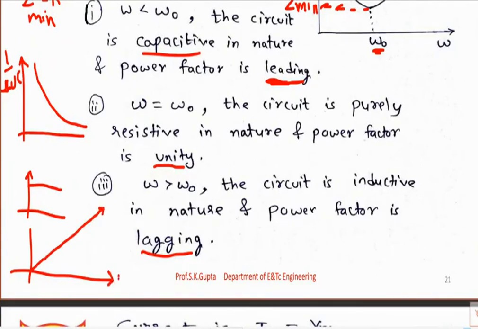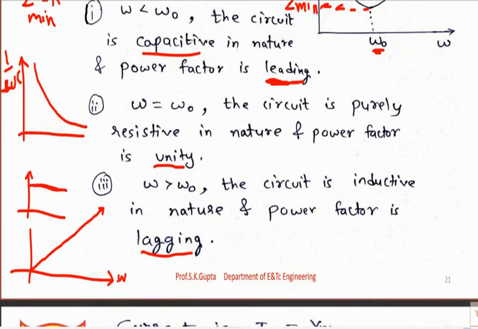So as you can see here, when omega is small value, this capacitor has a large value, this inductor has a small value, and resistance value is constant. So that's why when omega is a small value, we are having capacitive nature.